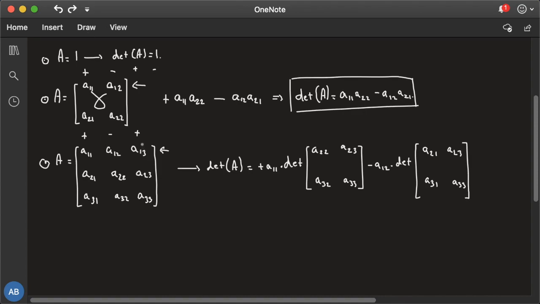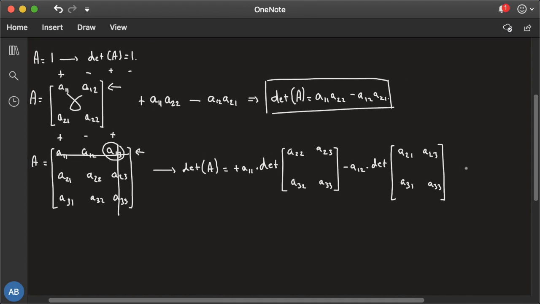And last but not least, we're left with A13, eliminate its corresponding column and row, and there's a plus. So plus A13 multiplied by the determinant of what is left, that is A21, A22, A31, and A32.